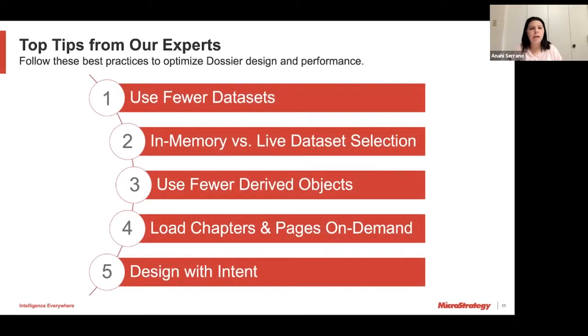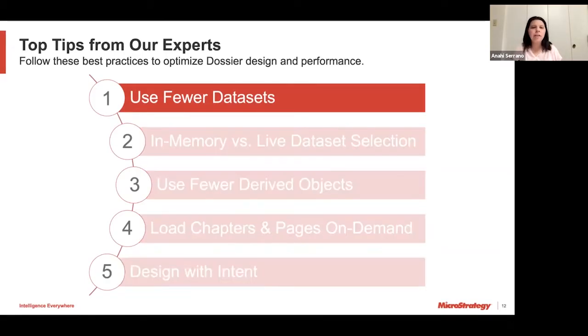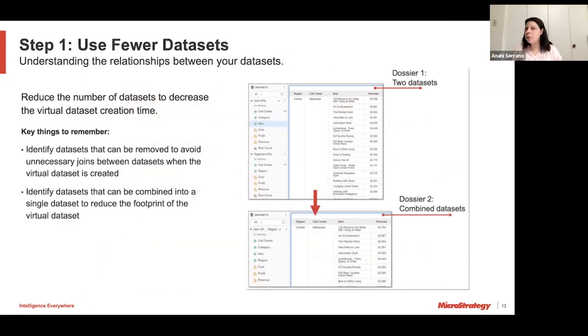So the first tip is to use fewer data sets. Within dossiers, you can use any data set. You can use data sets that you've imported. You can use data sets from your own environment, like the project objects that you have. You can use your intelligent cubes that are in your environment, any combination of them.